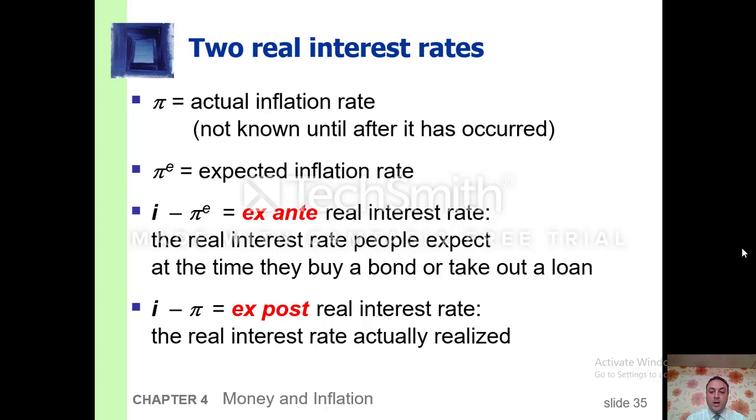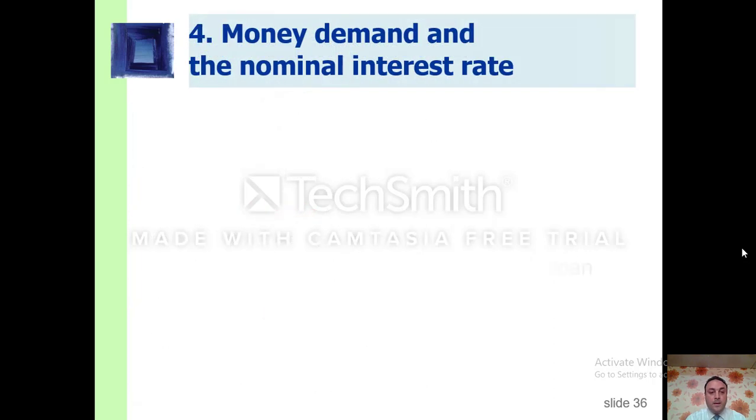You are buying a bond now or taking a loan, and you expect what the real interest rate will be. The nominal interest rate minus the actual inflation rate is the real interest rate actually realized after this period of 1 year or 3 years has passed. So this is the real interest rate which is actually realized by us.